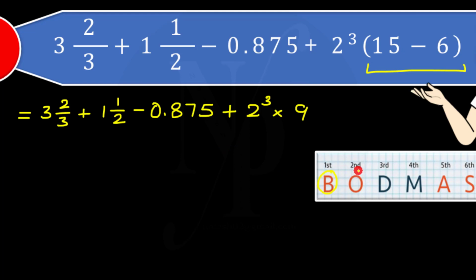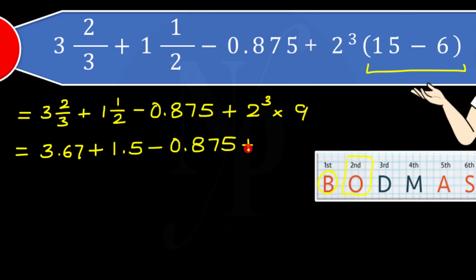In the next step, I will simplify the exponent. Here I write the mixed fractions in terms of decimal numbers, that is 3.67 approximately, plus 1.5, minus 0.875 is written as it is, plus 2 cube is 8, into 9.